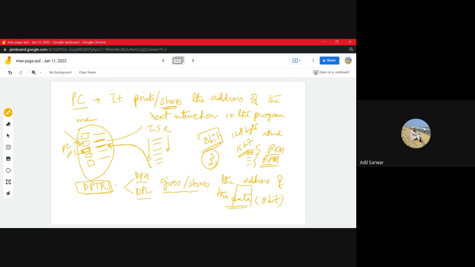So only 8 bits are required to access those addresses. So you can use the lower 8 bits only to access the address of the internal RAM. Whatever be the case, the important point is that DPTR actually stores the address of the 8-bit data. Fine. So let's move ahead now.